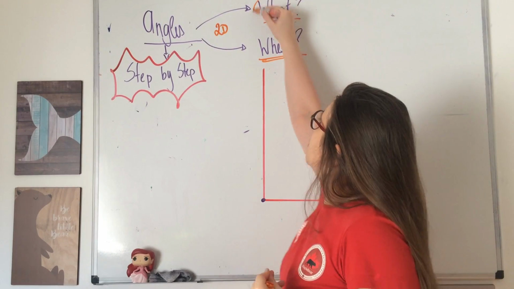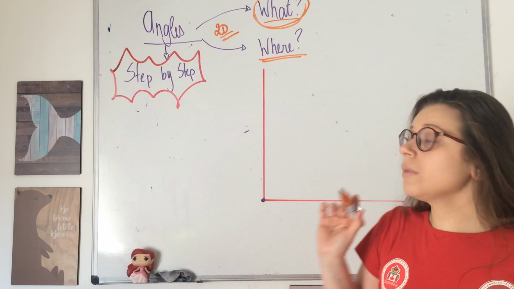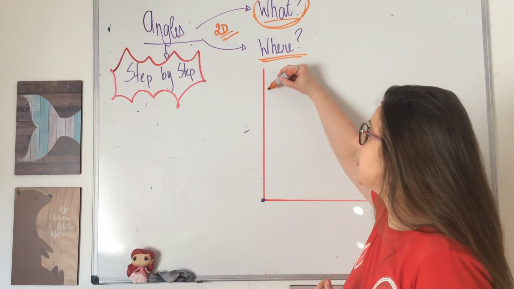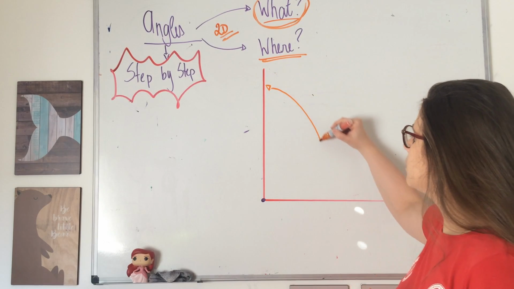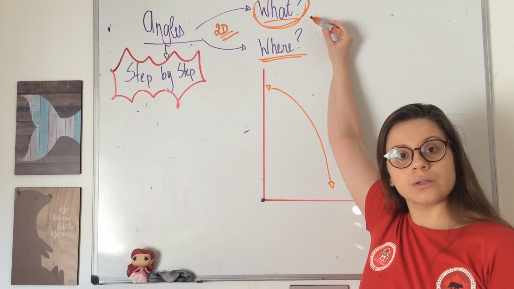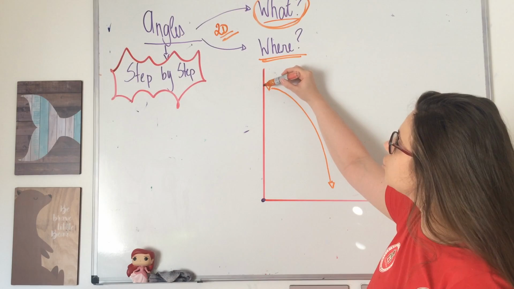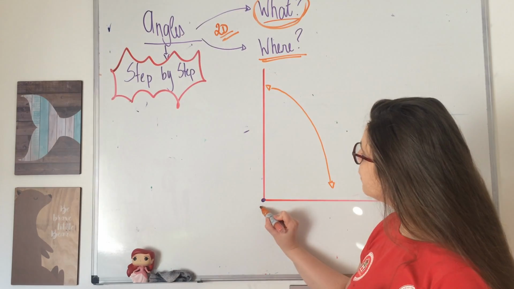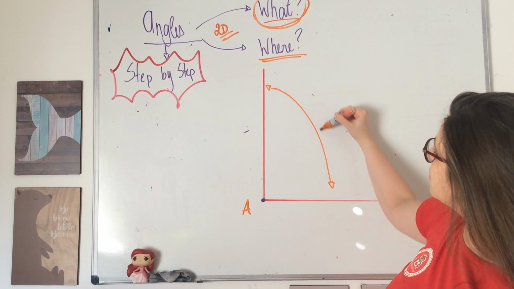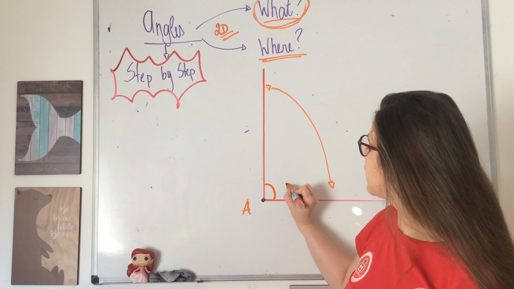Angles, now really talking about geometry 2D in our geometry journal. An angle is formed when I have a distance between two lines. So what are angles? An angle is formed when I have two lines connected by a vertex and the distance between these two lines forms an angle.